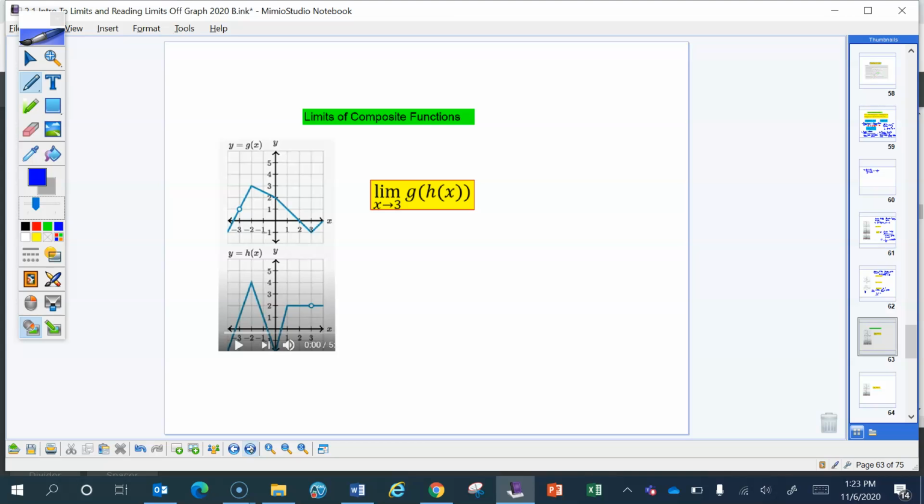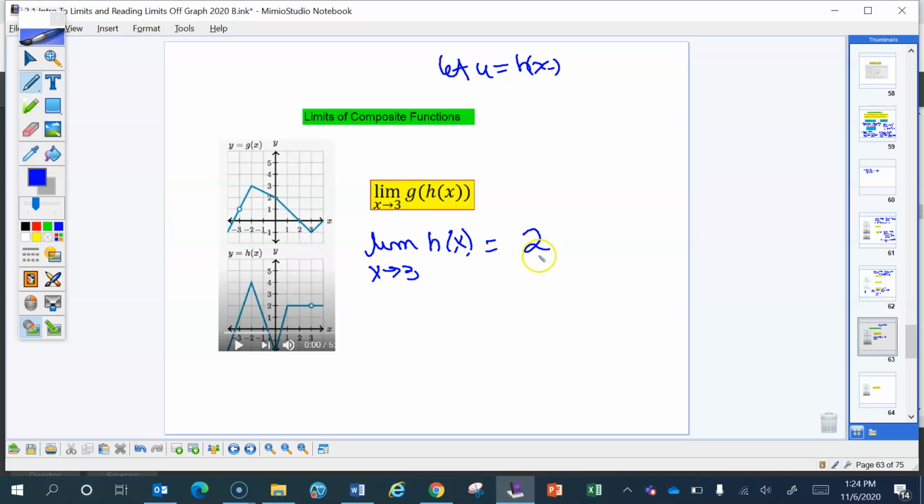Later on, I'm going to make a substitution, but I'm going to say let u equal h of x, okay? So right now, I am going to do the limit as x approaches 3 of the inside function h of x. And if I look at my graph of h, the limit as x approaches 3 is going to be 2.